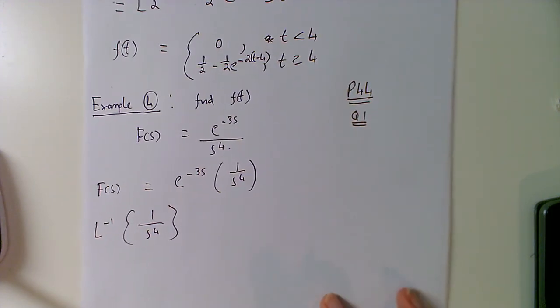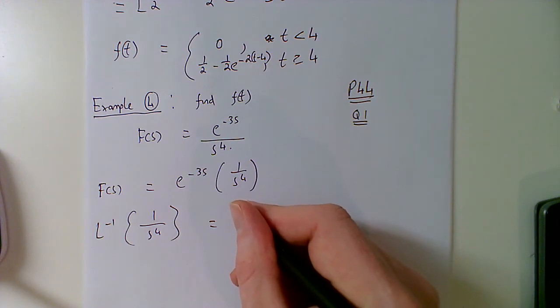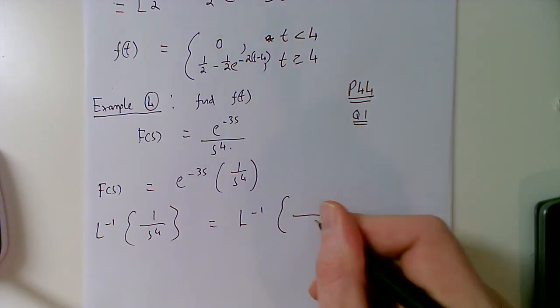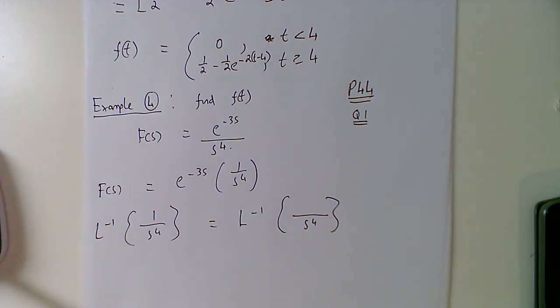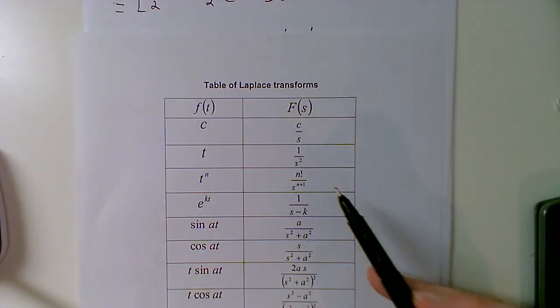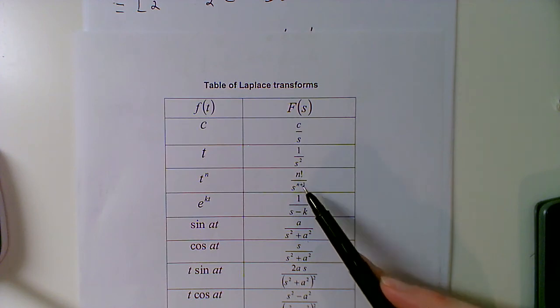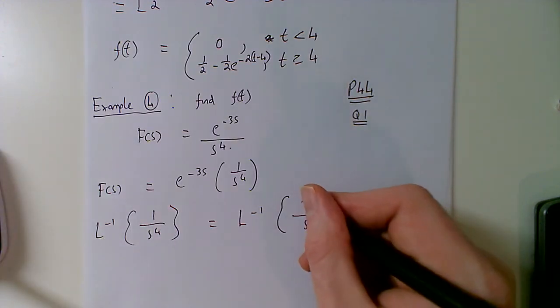Now, I know s to the power of 4 on the bottom, which means I need to get my Laplace transform sheet out and use the one with just s and a power on the bottom, which is this one here, which means that you need the factorial of 1 less than the power on the top, so that means 3 factorial.